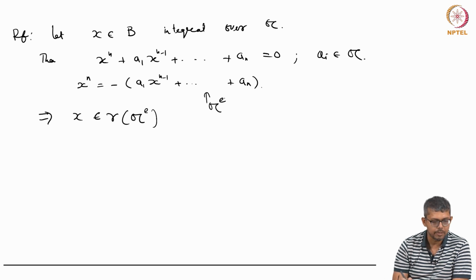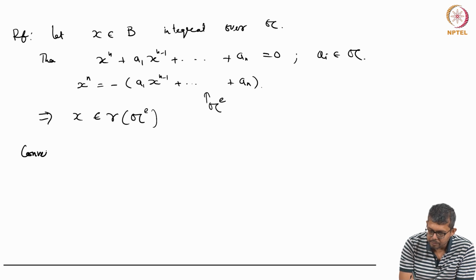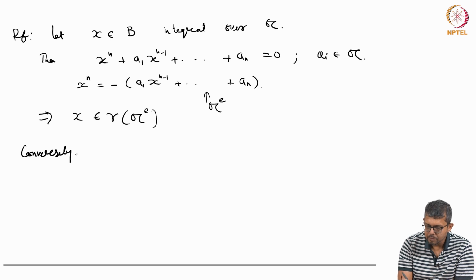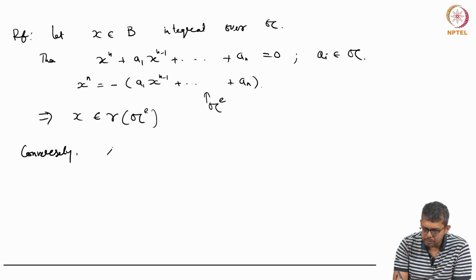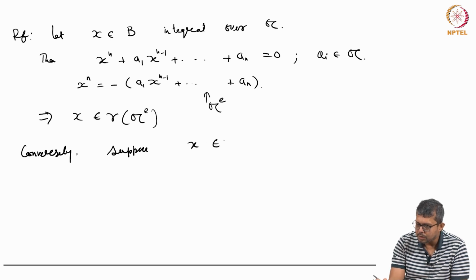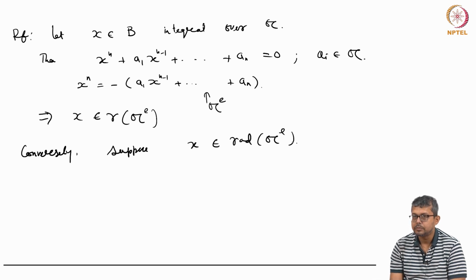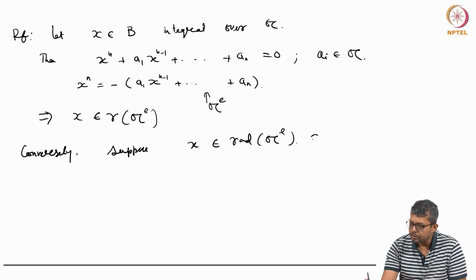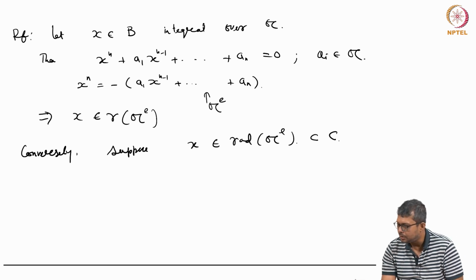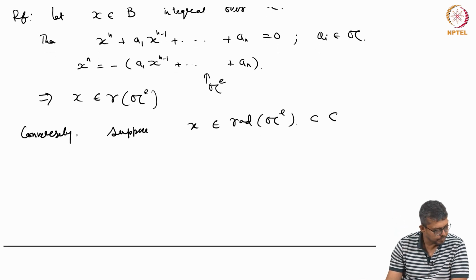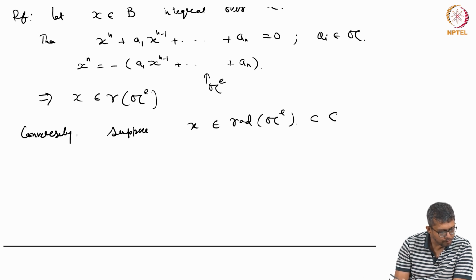So, conversely, suppose x belongs to radical of A extension, which is in the subring C. So, what does it mean?